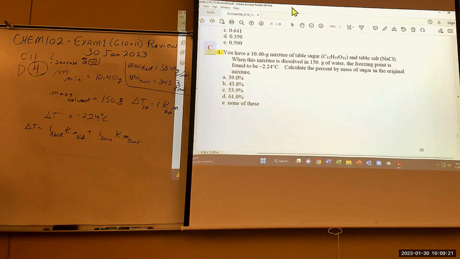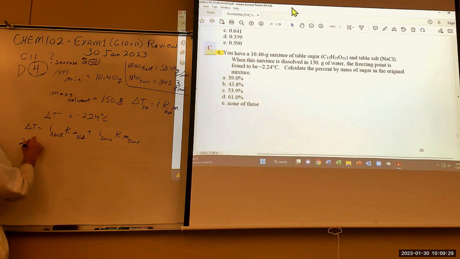Know that. All right, so we can set up an equation with 2.24 as the freezing point depression, and we use the absolute value here.